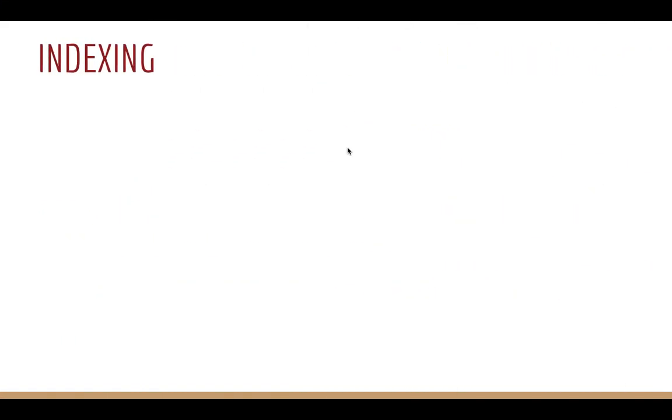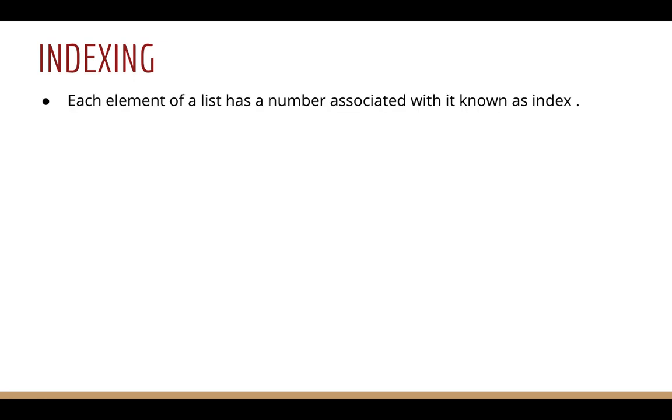Let's move ahead with the concept of indexing. We have already learnt about indexing in strings and in case of lists in part 1 of this chapter. What is indexing? It is a number associated with each and every element of a list, known as the index.